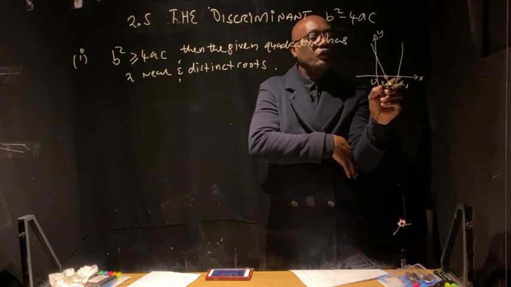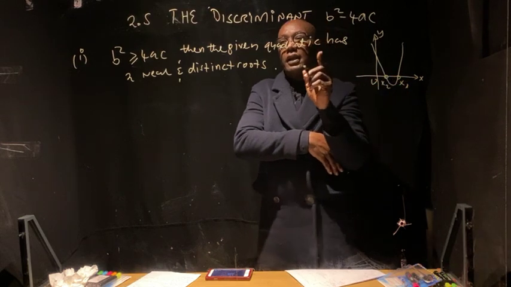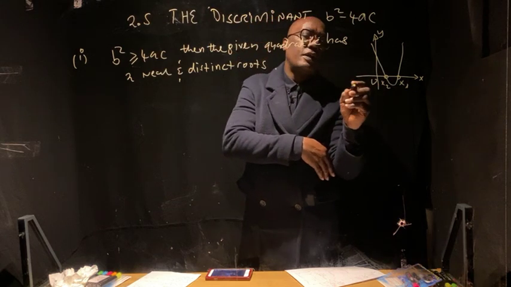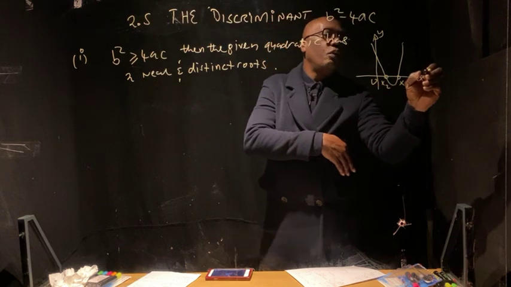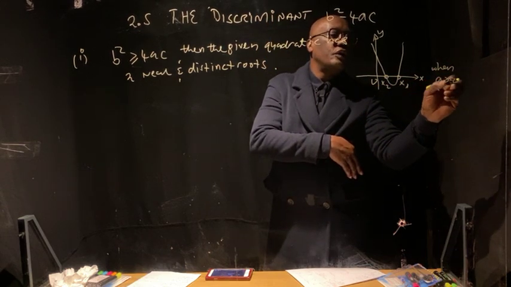These are the two distinct roots. In that case, this specific graph is valid when a is greater than 0.